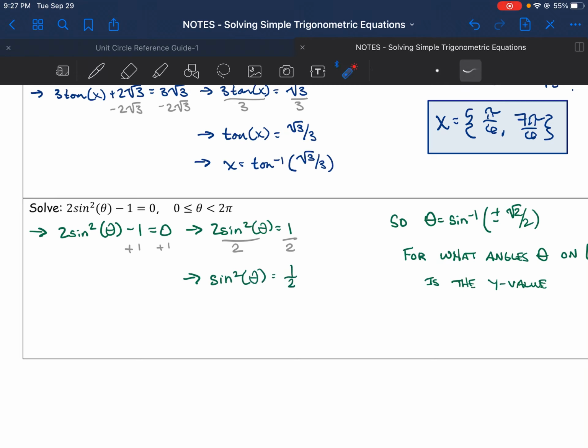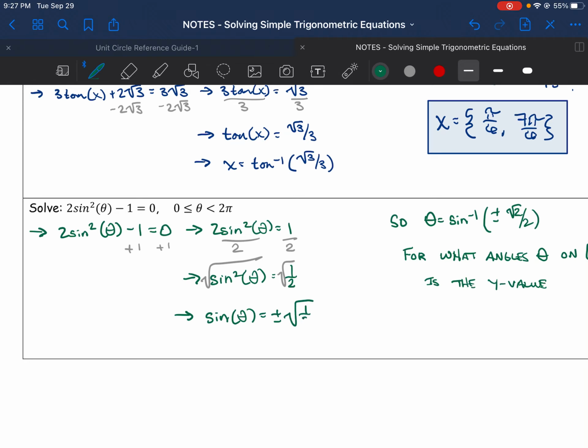And we know if we want to get rid of a power of 2, we can take the square root of both sides. Now here's where we have to be a little bit careful. On the left side, the squared power of 2 and the square root cancel each other. We just get sine of theta. On the right side, when you take the square root of a number, you have a plus or minus that goes in front of it.